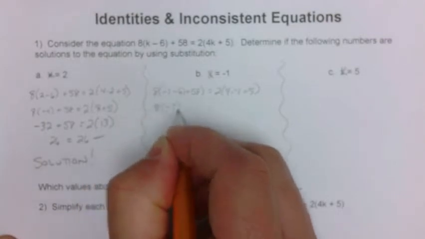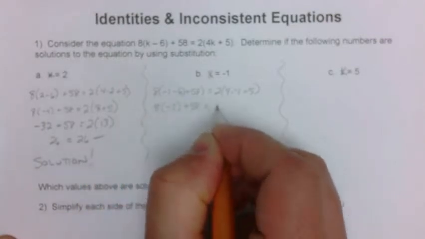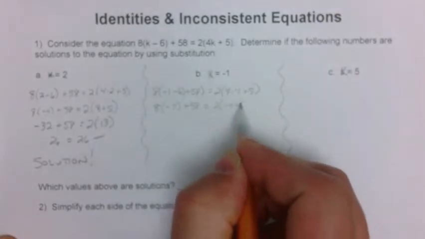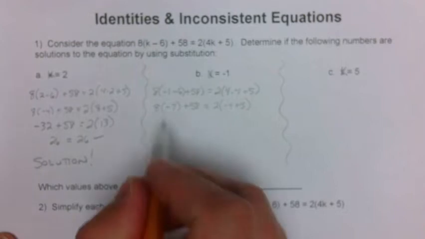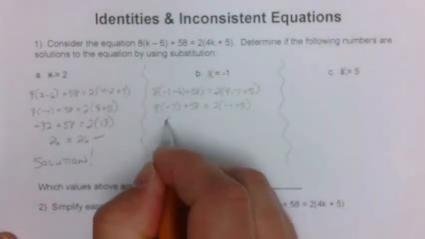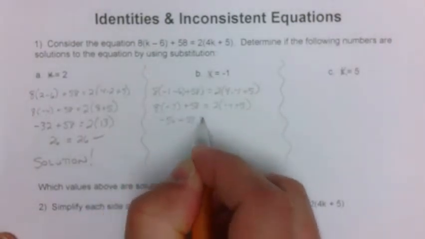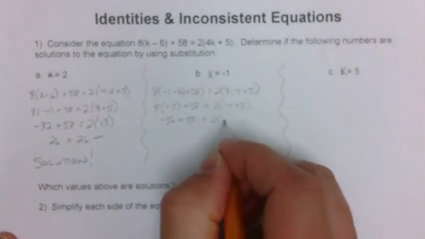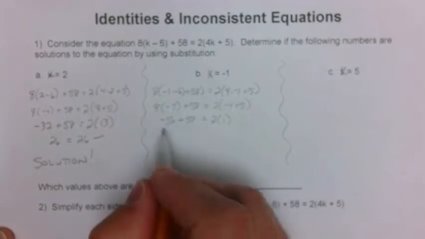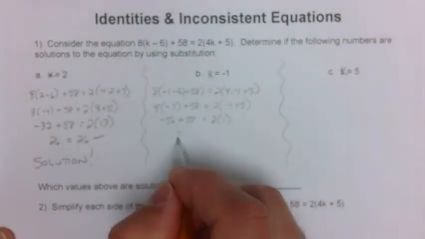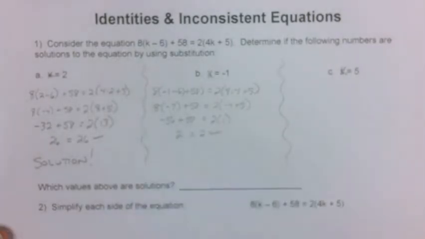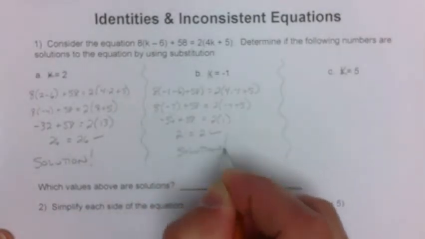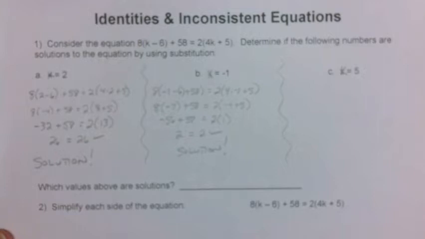So 8 times negative 7 plus 58 equals 2 times (4 times negative 1 is negative 4, plus 5). 8 times negative 7 is negative 56 plus 58. Negative 4 plus 5 is 1, so this is 2 times 1. Negative 56 plus 58 is 2, and 2 times 1 is 2, so 2 equals 2. K equals negative 1 is also a solution to this equation.